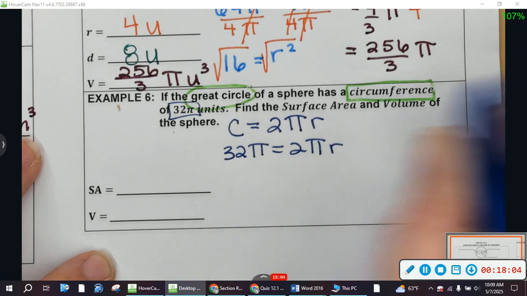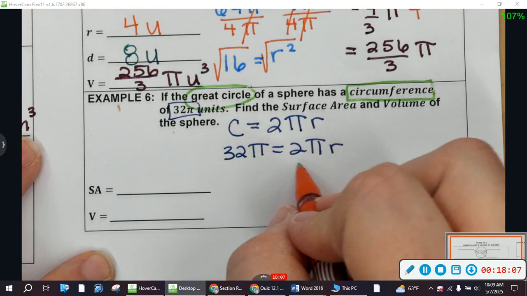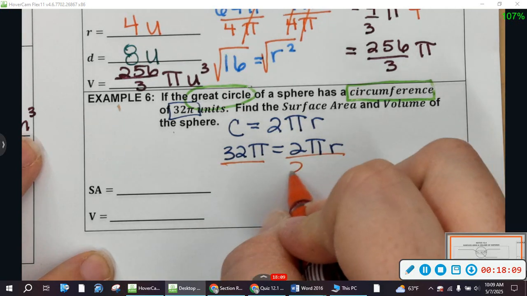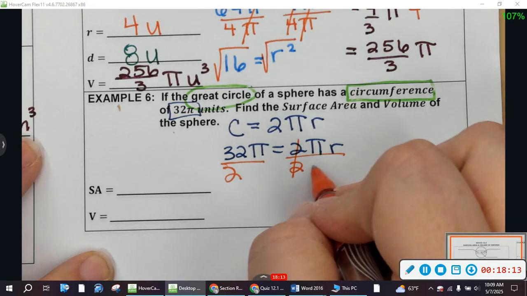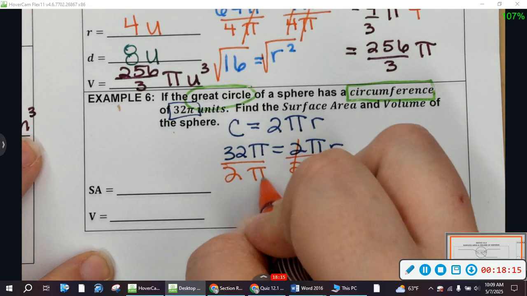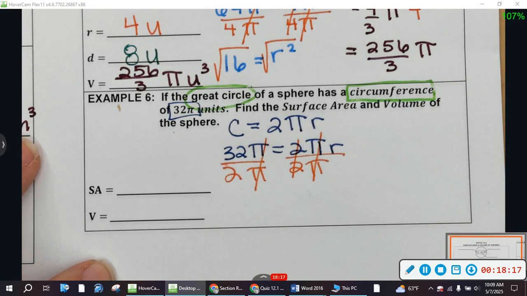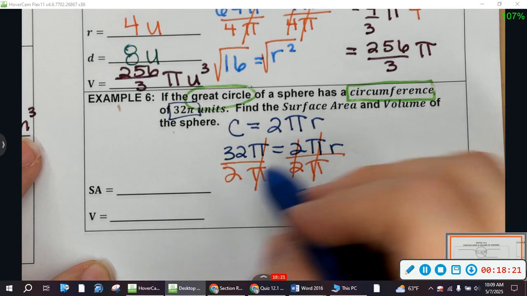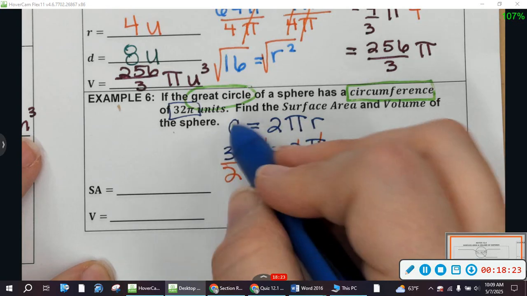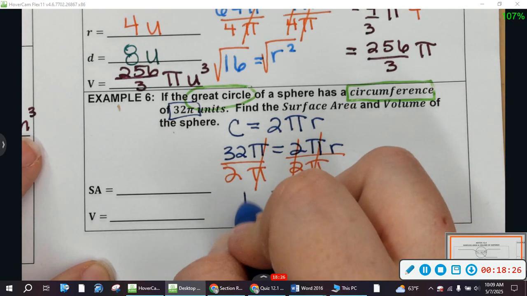And I'm looking for my radius. So I need to divide to get the r by itself. Also get rid of the pi. Pi divided by itself is 1. And 32 divided by 2 is 16.